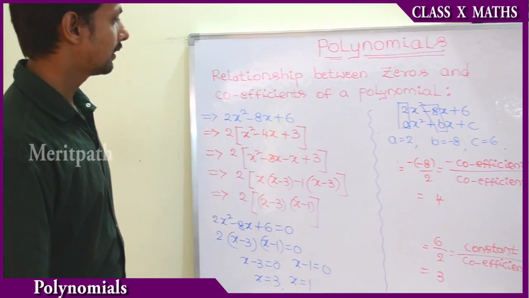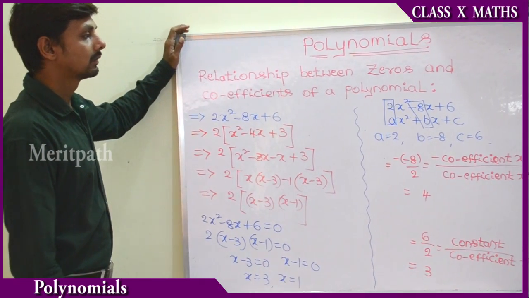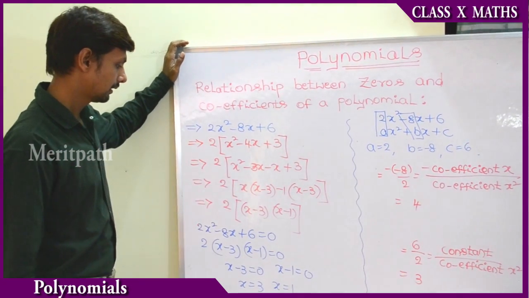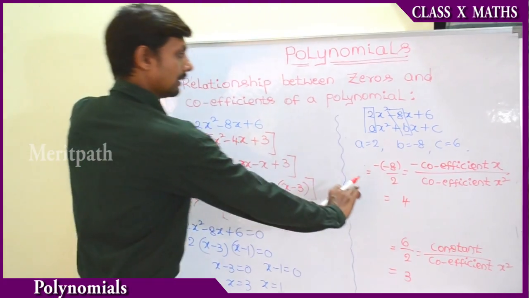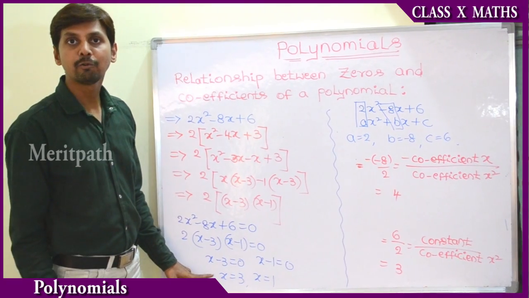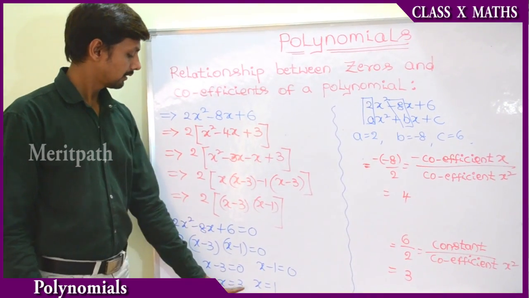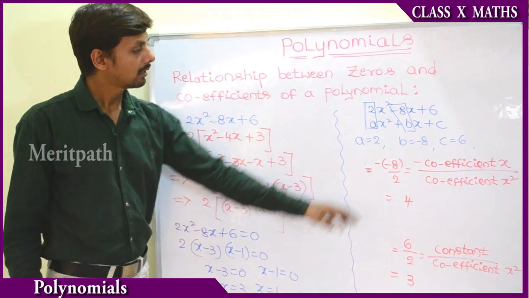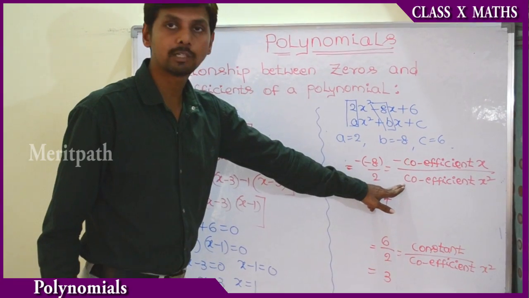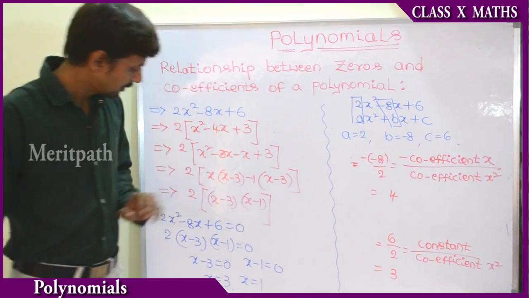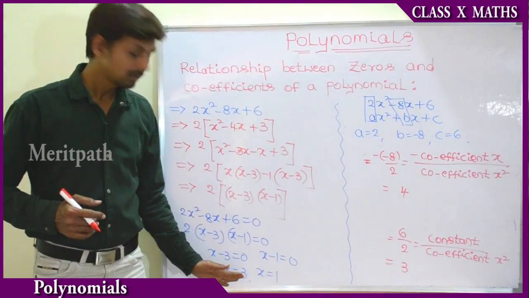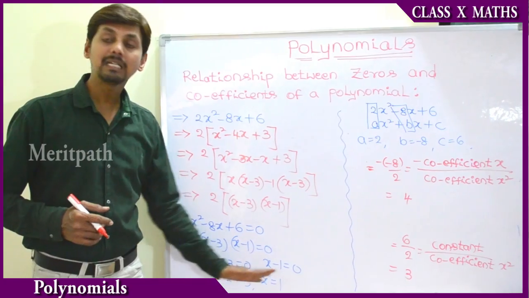Then if you observe this and compare with the zeros of the polynomial, 3 and 1, and the minus coefficient of x by coefficient of x squared, the relation between both is here 4 and the zeros of the polynomial 3 and 1.